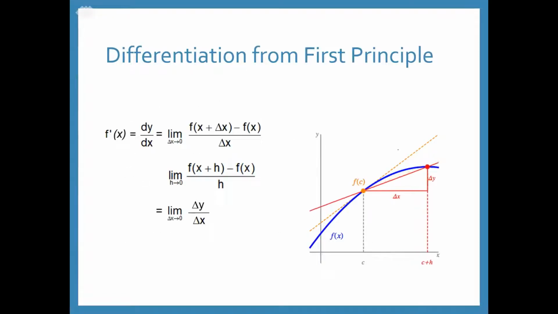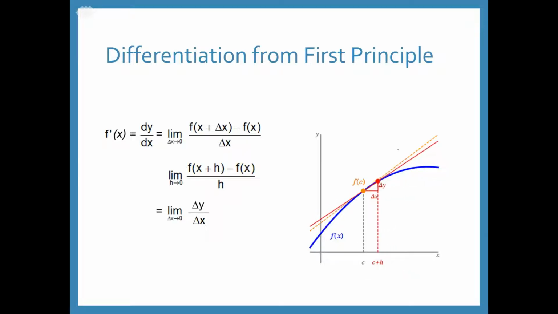The formal technique for finding the gradient of a tangent is known as differentiation from first principle. By taking 2 points on the curve that lie very closely together, the straight line between them will have approximately the same gradient as the tangent. Suppose we want to find the gradient of the curve f(x) at a general point x equals c. Choose another close point x equals c plus h, where h is a small value.